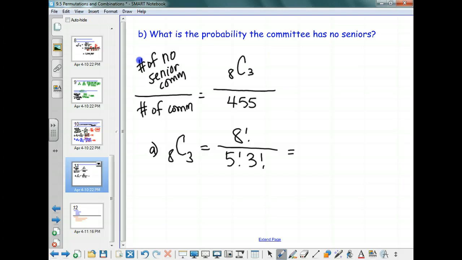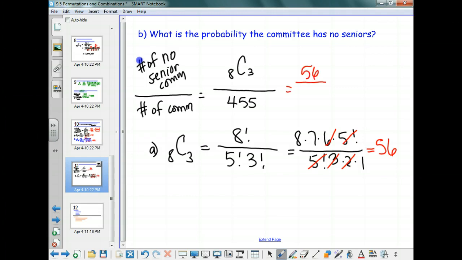All right, then we're going to write down 8, 7, 6, 5 factorial over 5 factorial, and then 3, 2, 1. What reduces? 5 factorial, and the 3 times 2 is 6. What do I have left? 56, good. So this is 56 divided by 455.